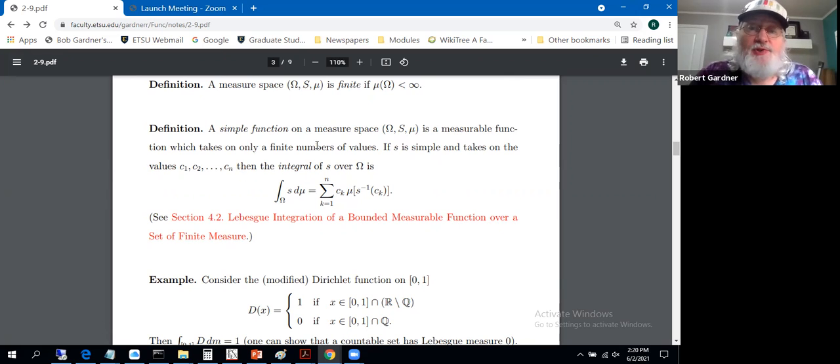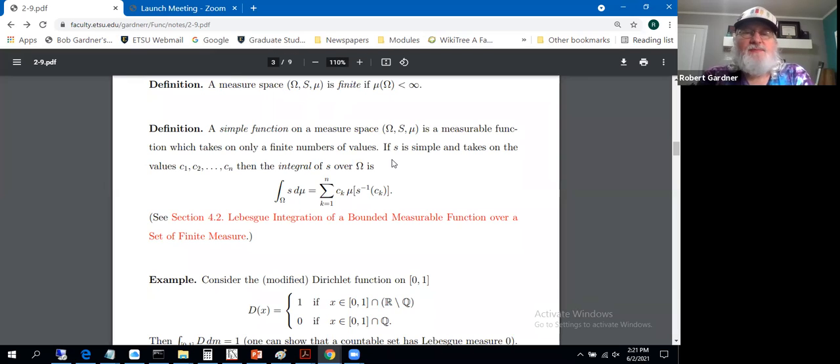A simple function on a measure space (Omega, S, mu) is a measurable function in the sense defined above, which takes on only a finite number of values. So the range is just some finite number of y values, if you like.